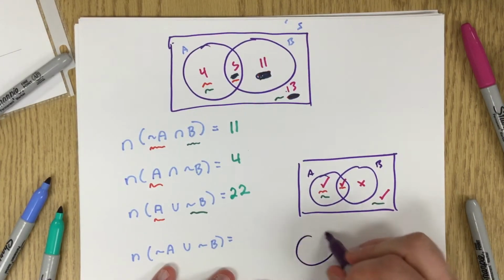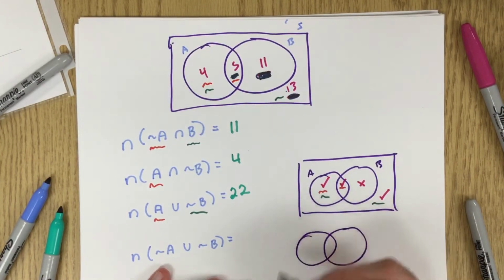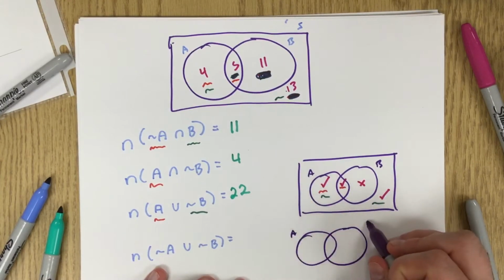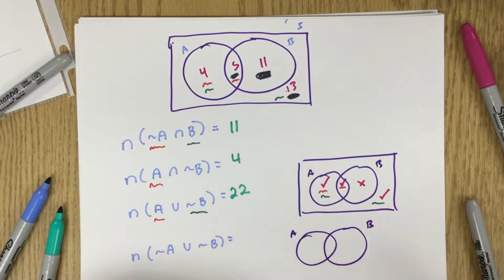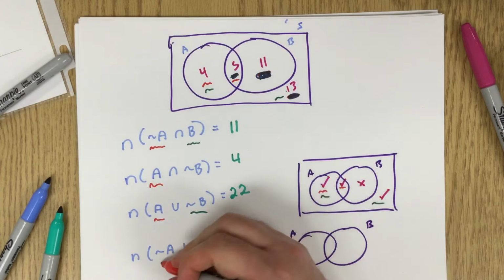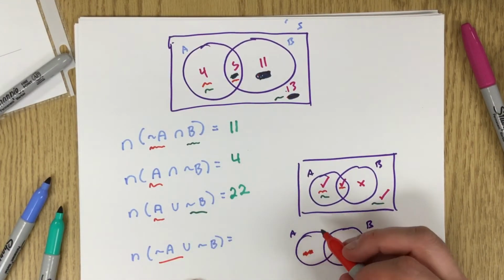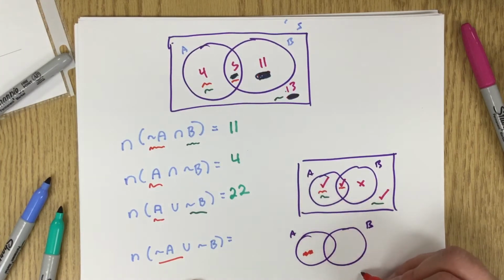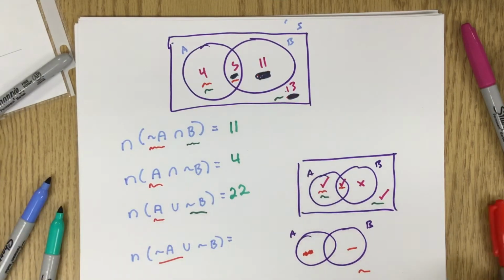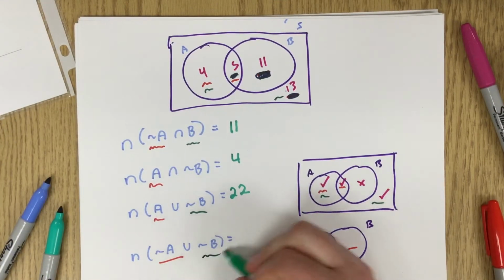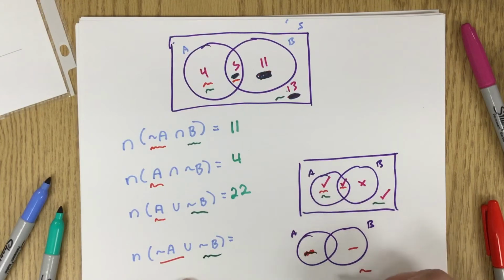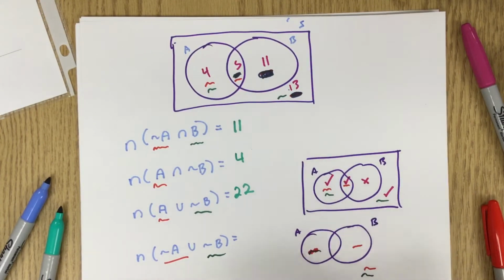Let's kind of make our thing again. So not A, oops. That's not A. Not B is that and that.